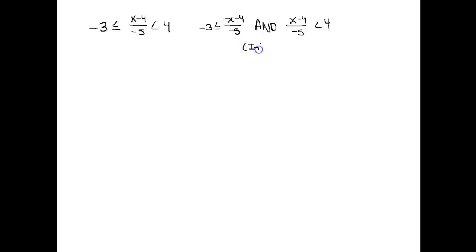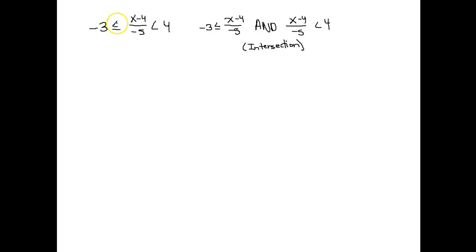So for those of you who are intermediate algebra veterans, you can remember that "and" means intersection. So essentially what you've got here are two inequalities, and you're then trying to figure out, well, what's the intersection of their solutions? Where do they overlap? So you can always solve these two separately and see what you get.